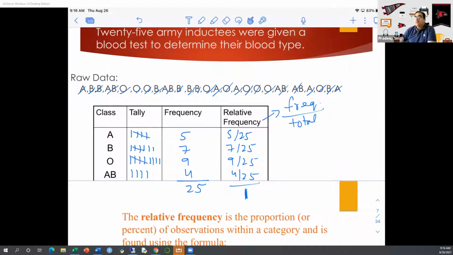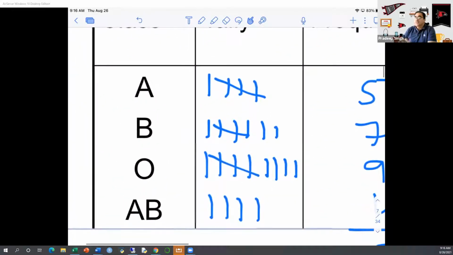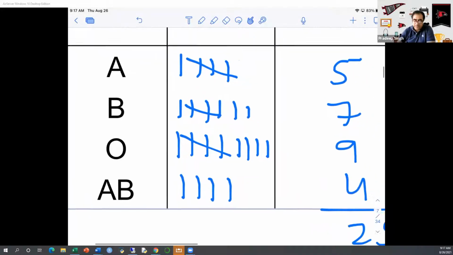And then you go one by one and tally that. A is tallied corresponding to A, B is tallied corresponding to B. And these crosses, which you are seeing right here, are just to make a group of 5. Otherwise, all vertical lines are very hard to count. So this makes it easier, as you look at a bunch of 5s.